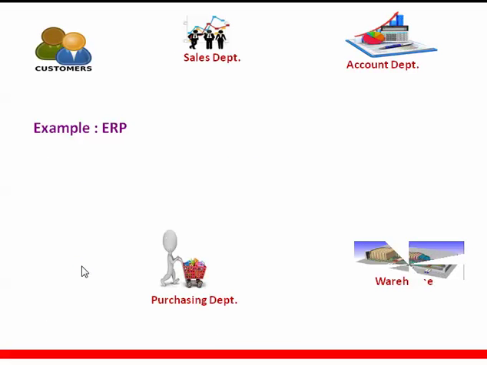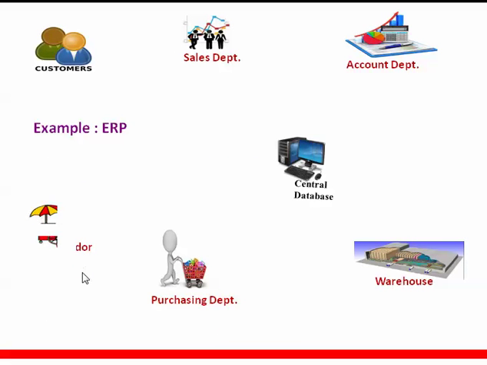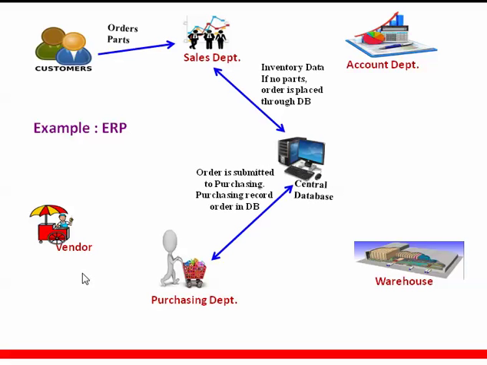The working of the ERP system is explained in a simple way. Here the customers are placing orders to the sales department. The sales department checks the item inventory in the central database. If the items are not available, a purchase order is generated through the database.